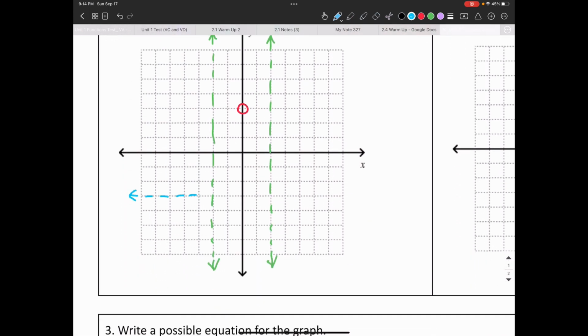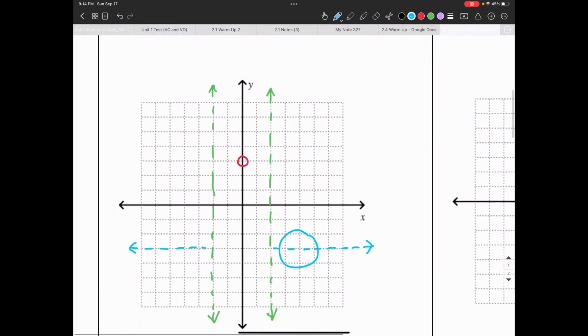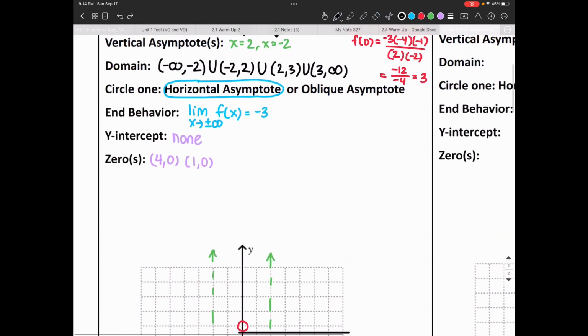So here. And I'm just going to draw the horizontal asymptote for the end behavior on each side because I know I can go through it in the center. I could even go through it on the ends too. I just need to make sure that my end behavior, what's happening on the right, is going towards this horizontal asymptote, and it's also going towards that horizontal asymptote on the left.